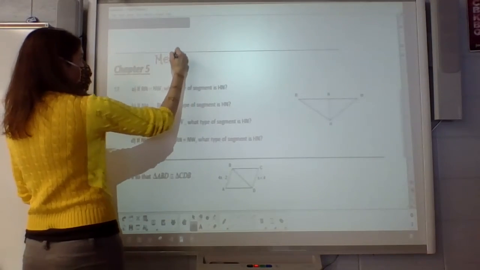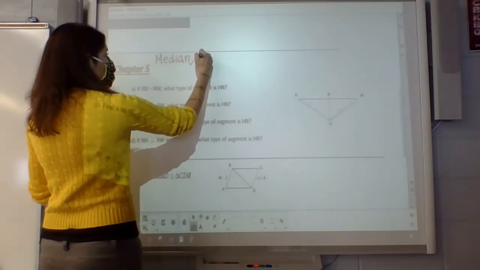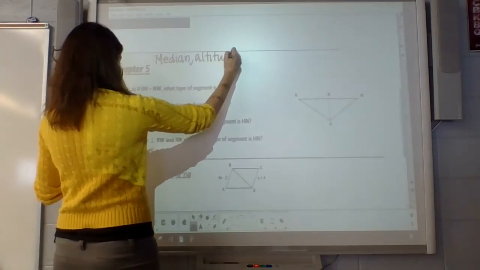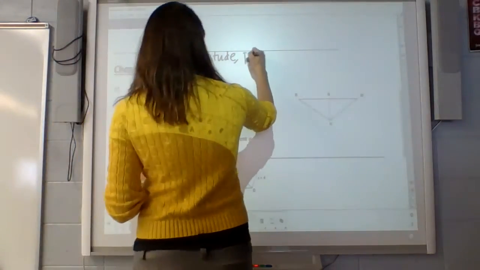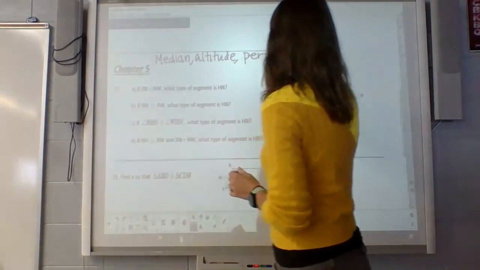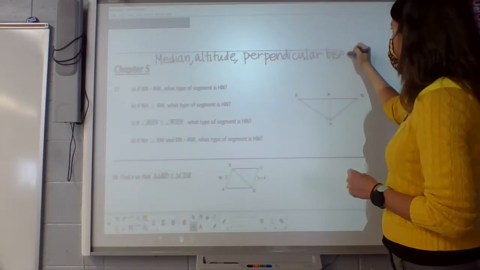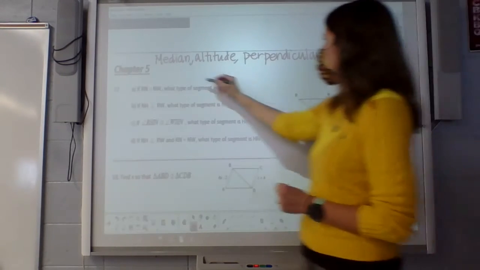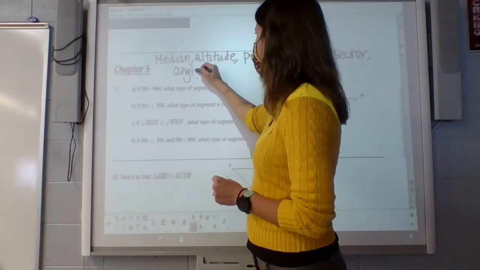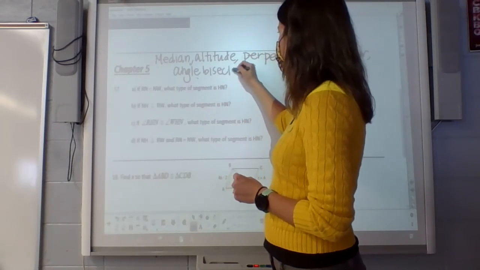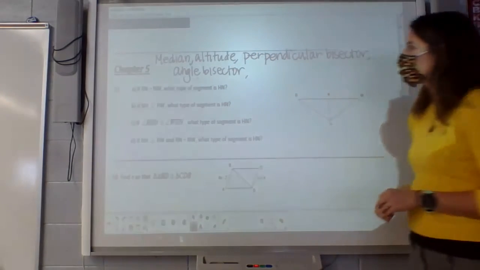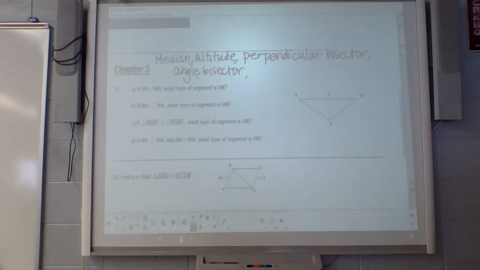The choices are median, altitude, perpendicular bisector, angle bisector. I'm trying to think if there's any other one. So basically you're just trying to match which vocab word goes with which based off the information they're giving you.